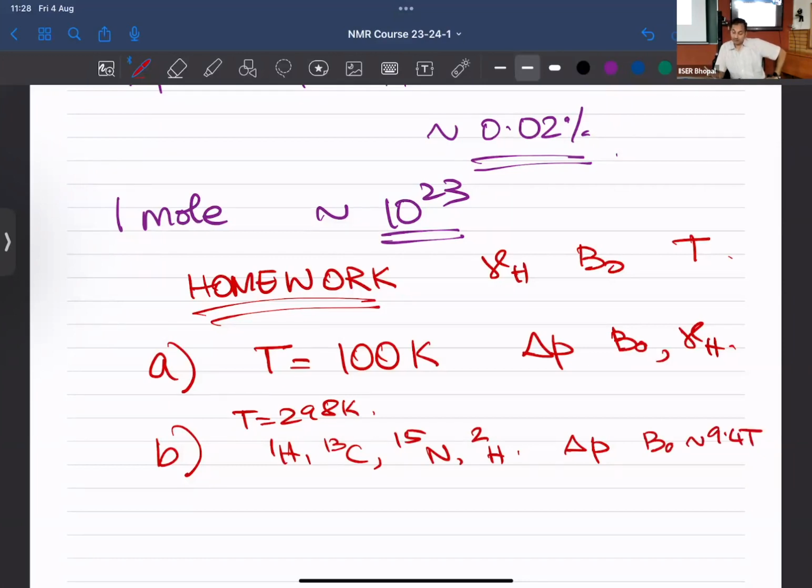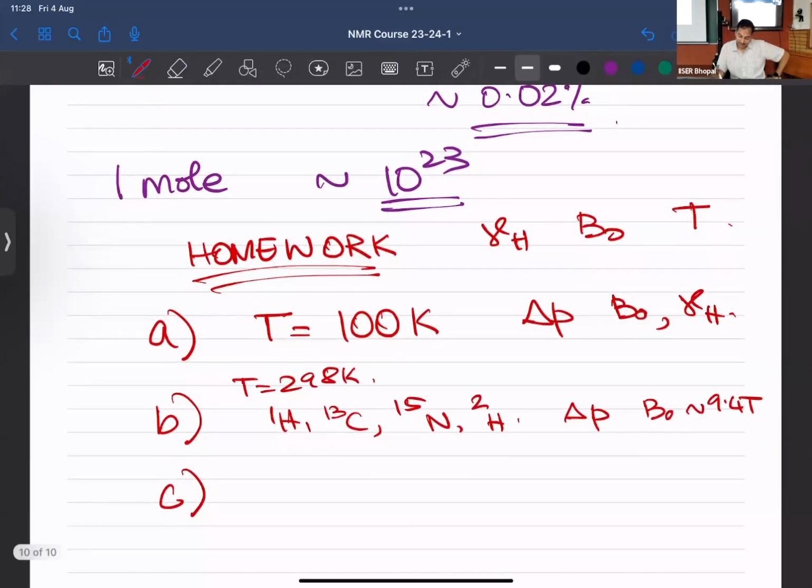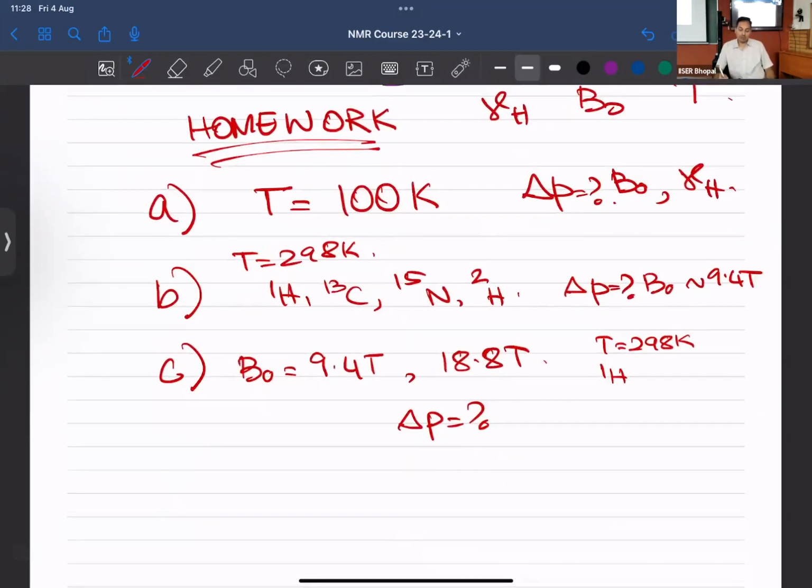The last exercise is to keep everything constant, T equal to 298, for proton, but change the B naught from 9.4 Tesla to something like 18.8 Tesla and tell me what the delta P is.